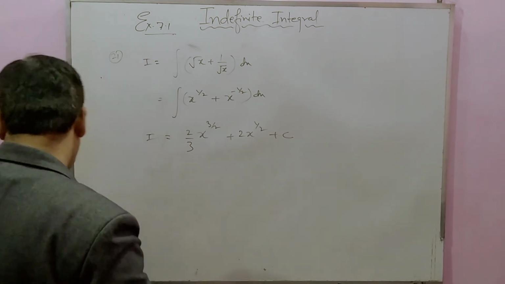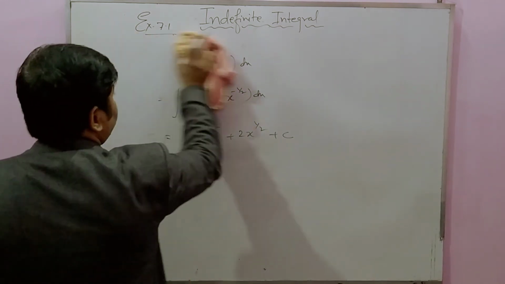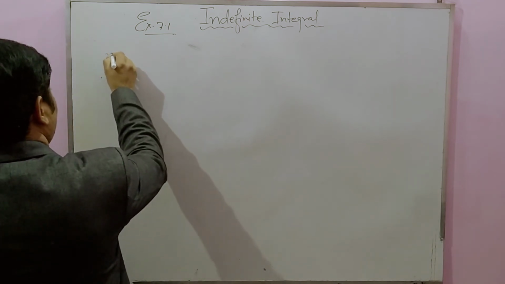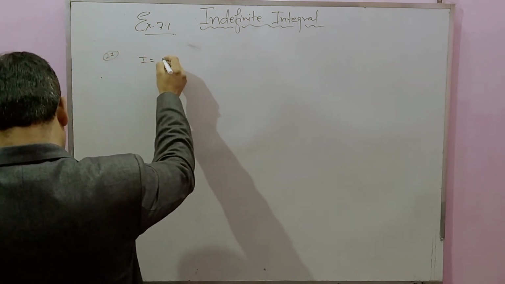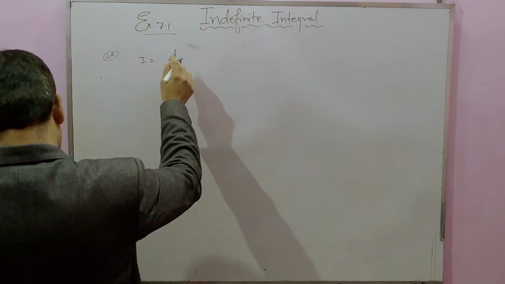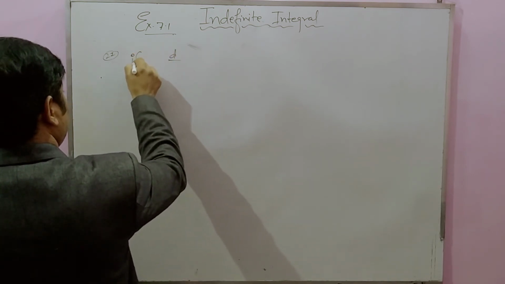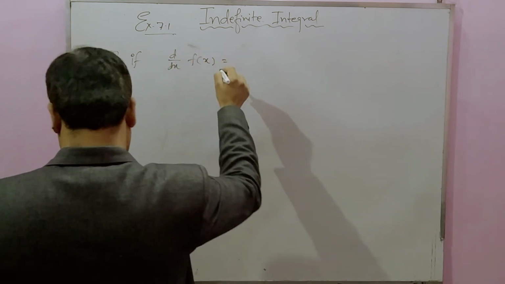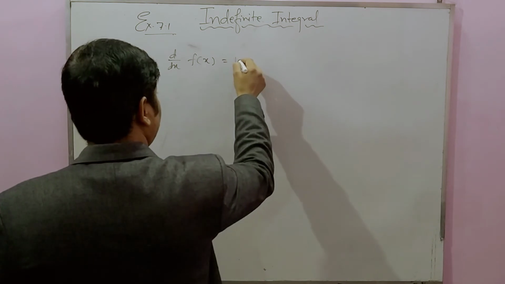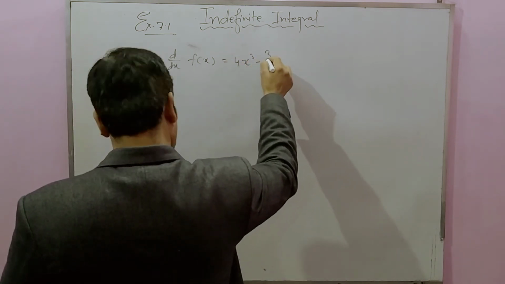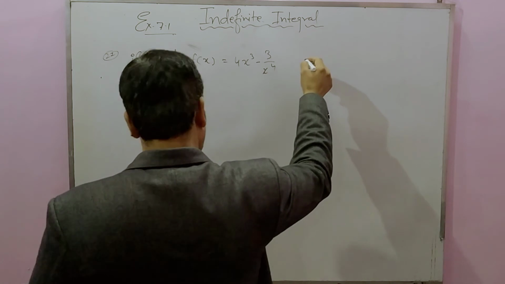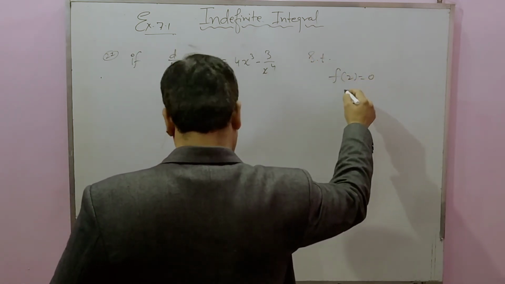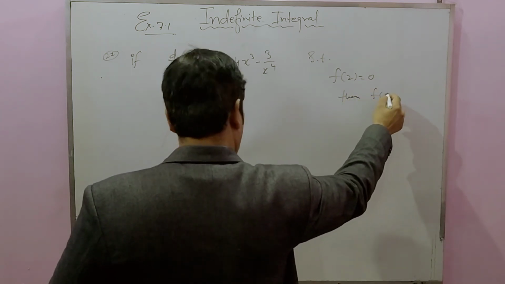Right? Now the last question of this exercise. Question number 22. If d upon dx of the function f(x) equals (4x cube minus 3) upon x to the power 4, such that f(2) equals 0, then find f(x).